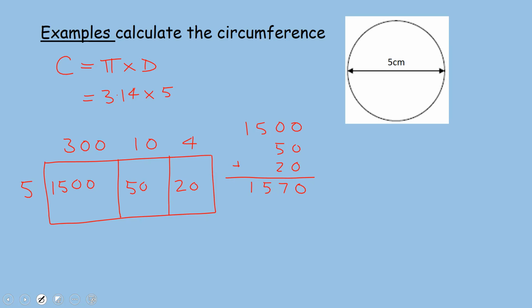So we've got a value there of 1,570. But we need to think now that we had 2 numbers after the decimal point in the question. So we need to have two numbers after the decimal point in the answer. So our circumference is 15.7 centimeters.